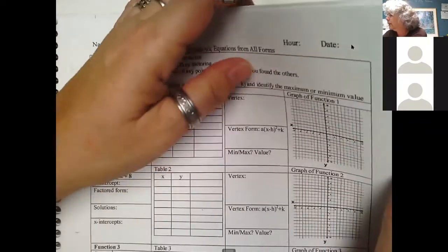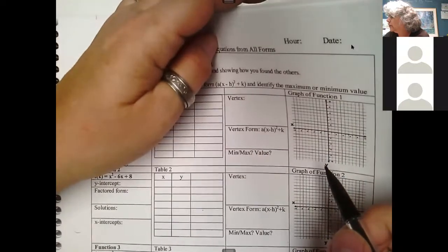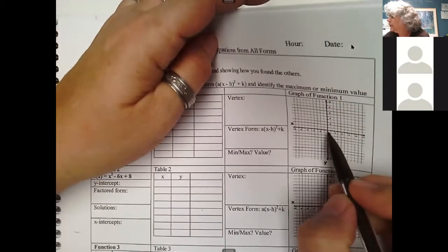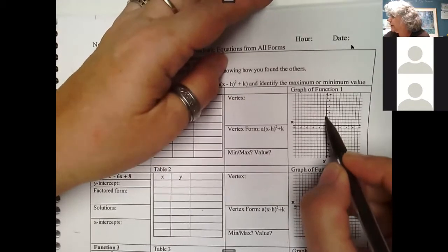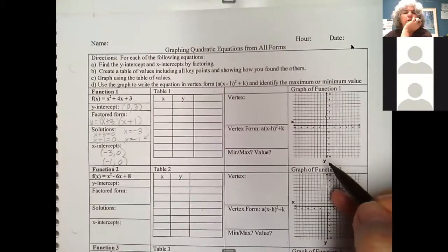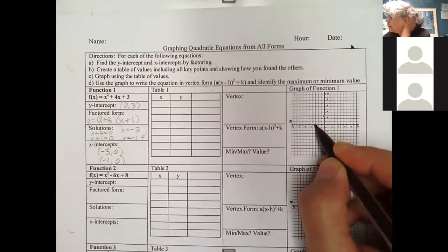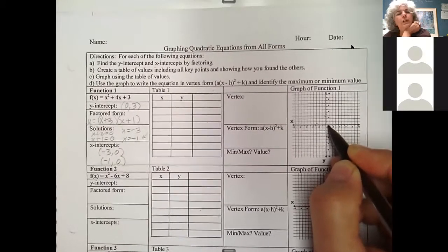This is so tiny. I think they're counting by 2s. Yeah, each square is 1. So 3 would be right here. And then we've got (-3, 0) and (-1, 0).